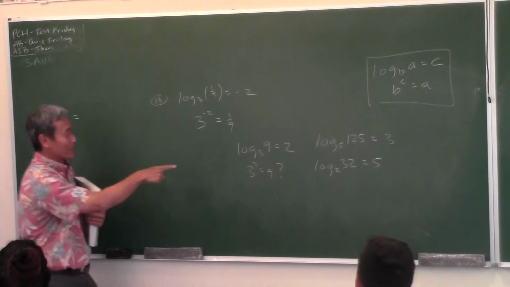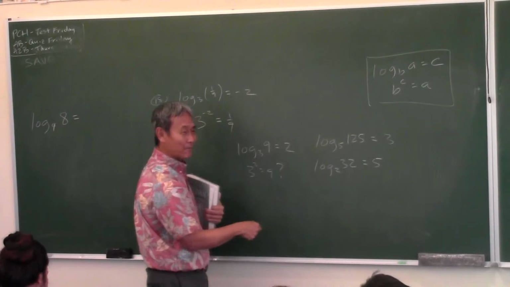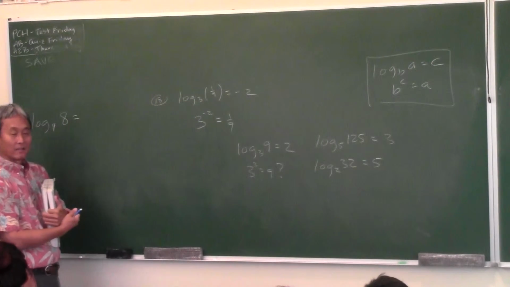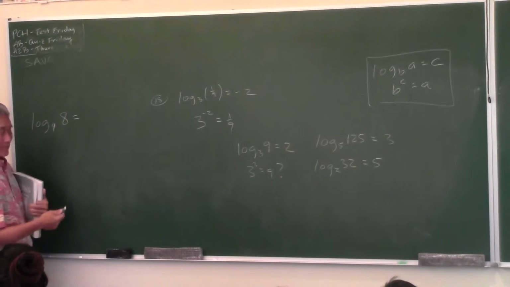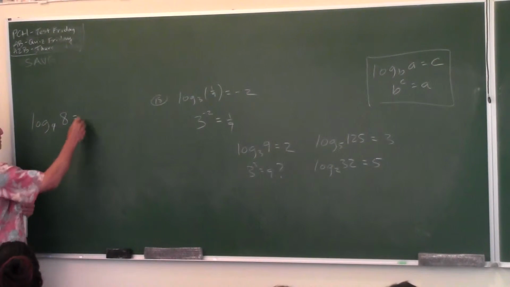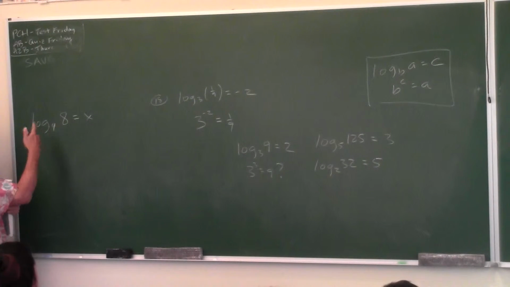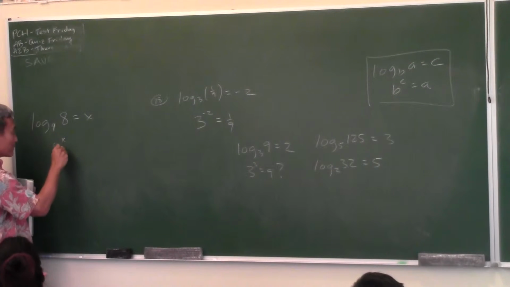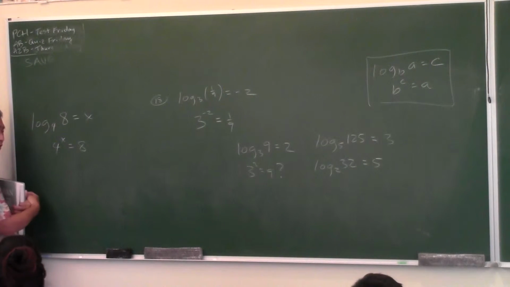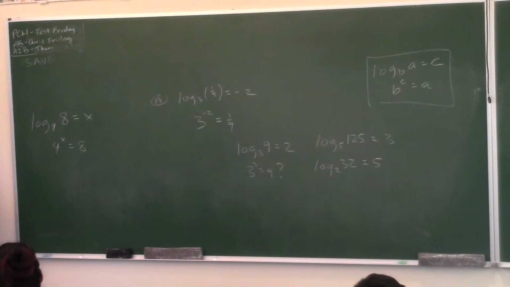See, these were easy because the answers were whole numbers, but what happens if it's not a whole number? Like you get fractions or you get negative numbers. Obviously we don't have the answer, so let's just call it x. Change it to exponential form: 4 to the x power equals 8.